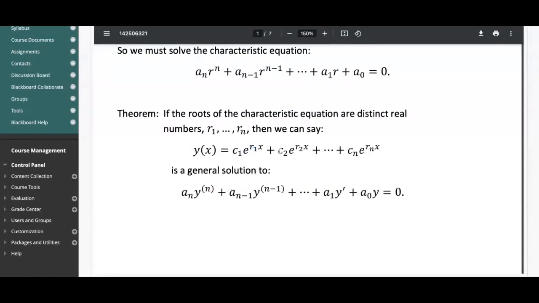Still same as before, a linear combination. R1, R2, up to Rn are different real numbers because they are roots of this polynomial equation, so the linear combination is a general solution. Just similar as before, but right now we've extended to nth dimension.